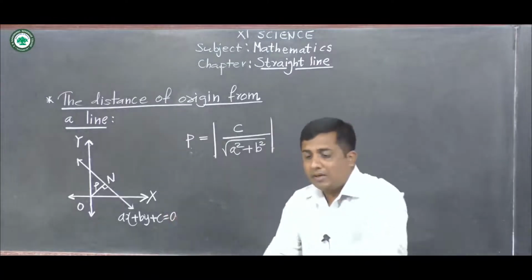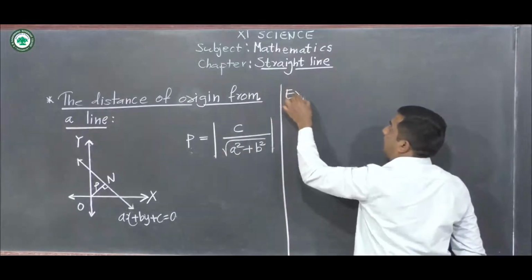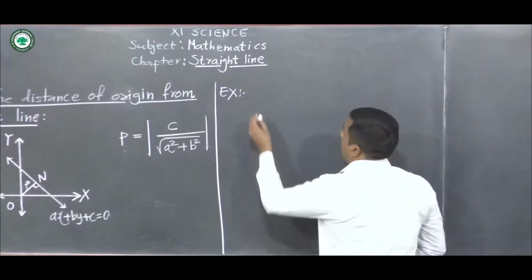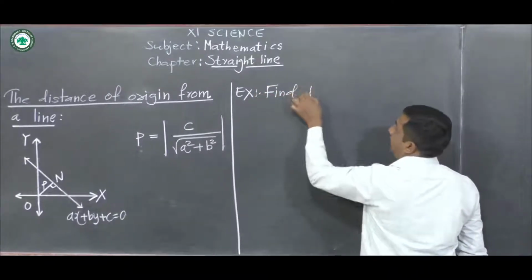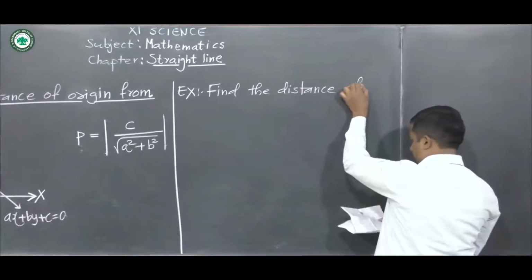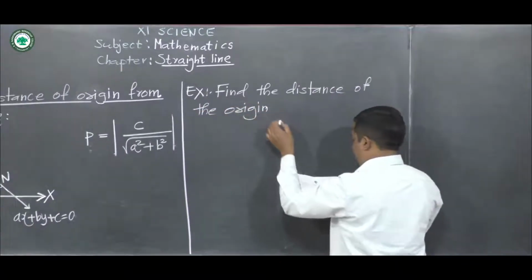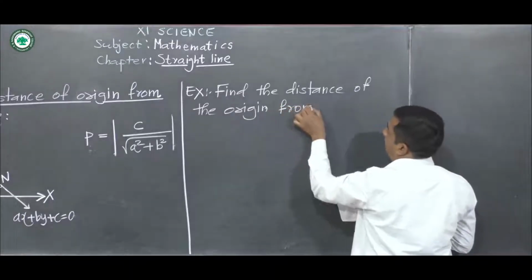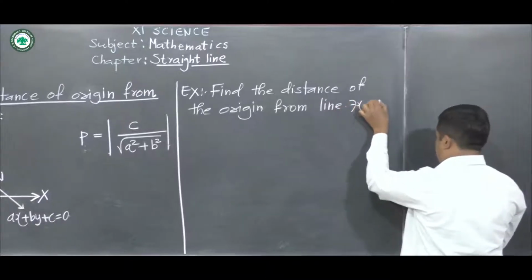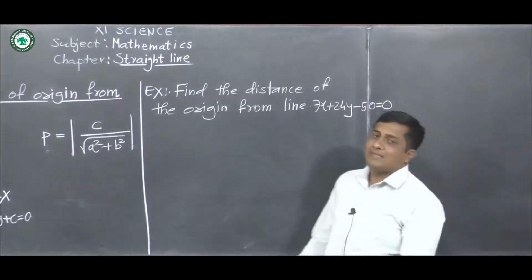Let us see some important examples related to this part. Example, here in first given, find the distance of the origin from the line 7x plus 24y minus 50 is equal to 0.